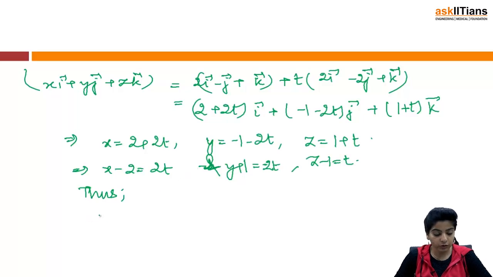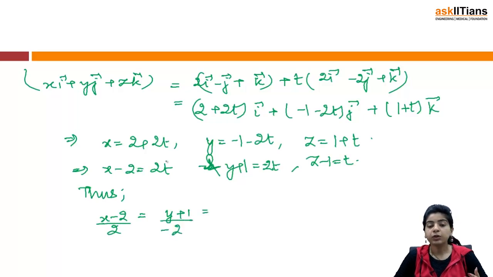So finally what we get is x minus 2 by 2 would be equal to y plus 1 by minus 2, and z minus 1 by 1, which is equal to t.